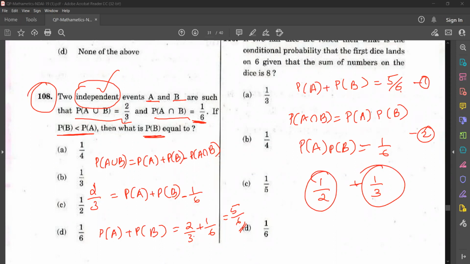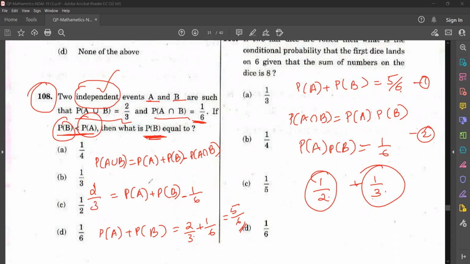So now what we need is P of B. They have given that P of B is less than P of A. In the options, we have both 1 by 2 and 1 by 3.